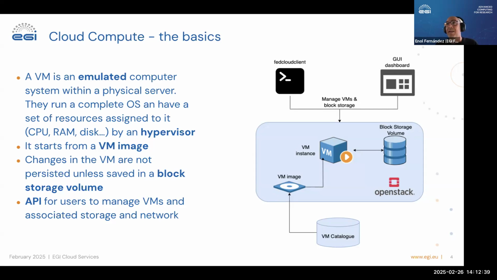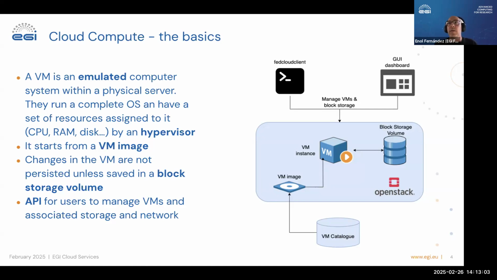From a user perspective, it looks almost like a real machine. It's just not running directly on the physical hardware, but running on top of this hypervisor layer. And it runs a complete operating system where you can install and manage whatever you want to manage inside of that operating system.